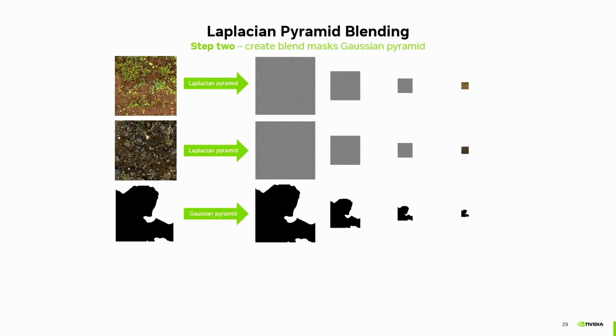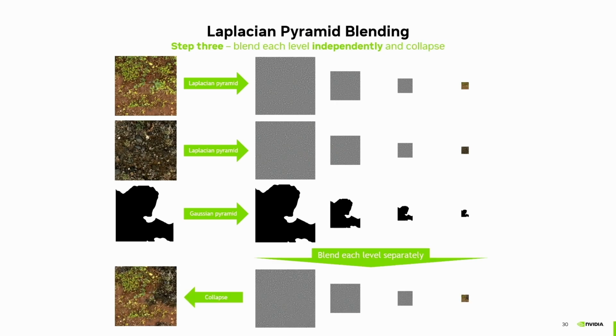And then we use this mask to blend each level of the Laplacian pyramid separately, meaning that the highest frequencies will be blended using a sharp mask, and the coarser levels with coarser frequencies will be blended using more blurry masks. We blend those levels separately, we collapse the pyramid, and we end up with the Laplacian pyramid blending.